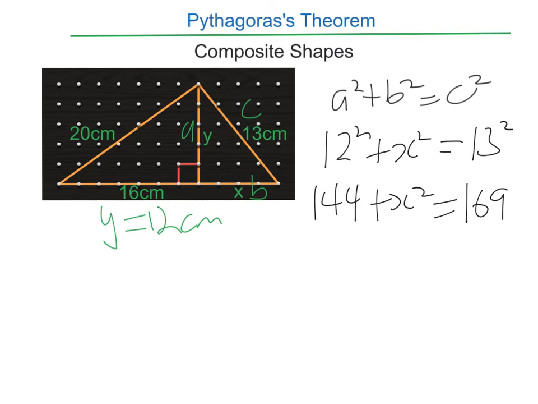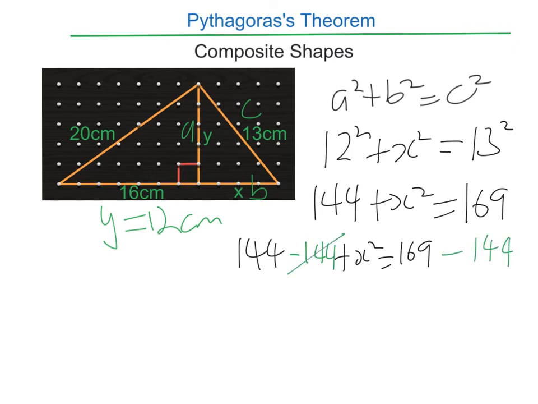So 144 plus x squared equals 169. I'm going to subtract 144 from both sides of the equation, keeping it balanced by doing that. These two subtract to make nothing. So x squared equals 169, take away 144, which is 25.